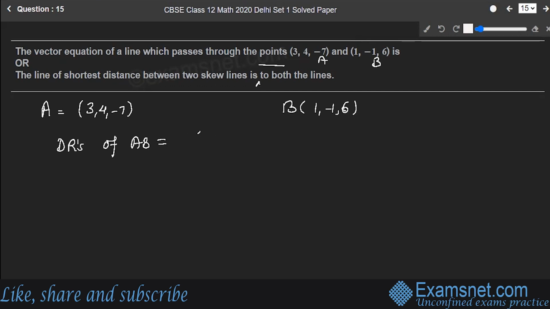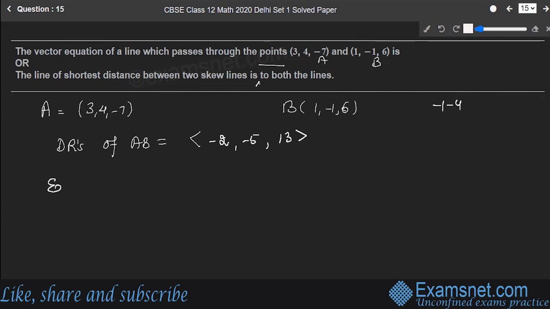AP is equal to, from here 3 minus 1, 4 minus of minus 1. This is equal to 1 minus 3, which is equal to minus 2, minus 1, minus 4, that is equal to minus 5. 6 minus of minus 7, this is equal to 13.